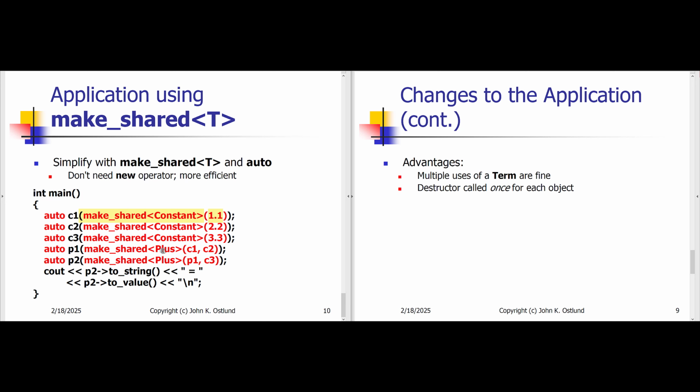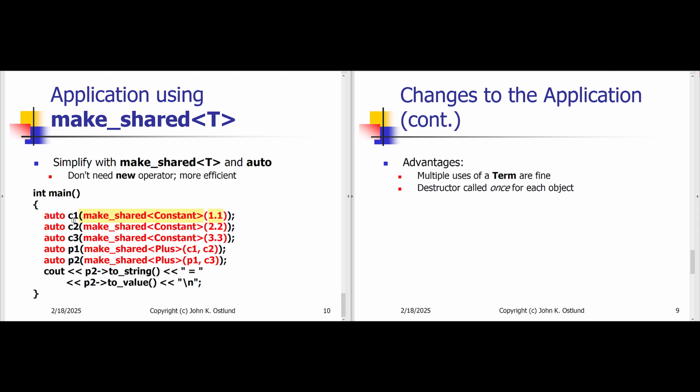It also eliminates the need for us to use new explicitly, which is pleasing, I guess, because in all conditions that we've talked about in the past, using new explicitly required us to use delete explicitly. Here we're sort of finessing things by calling make shared, which is hiding the actual use of new.